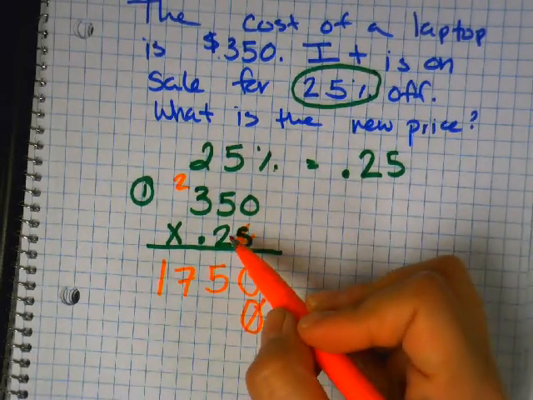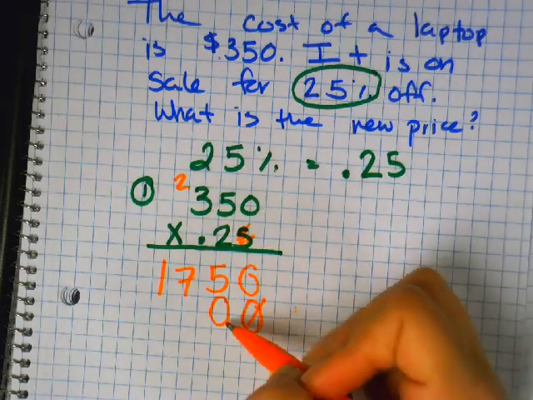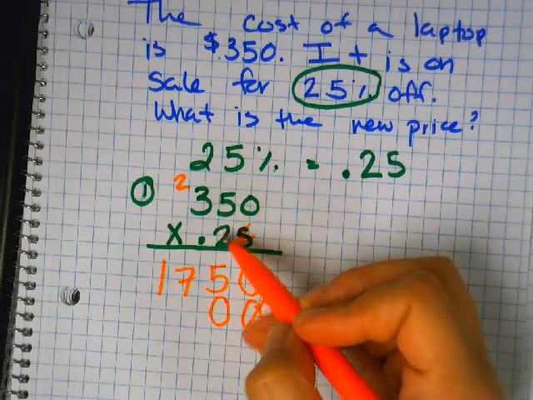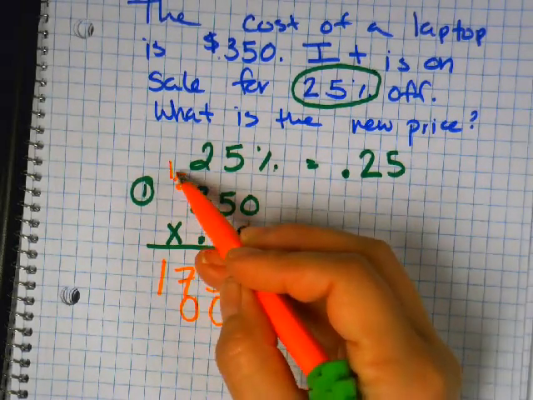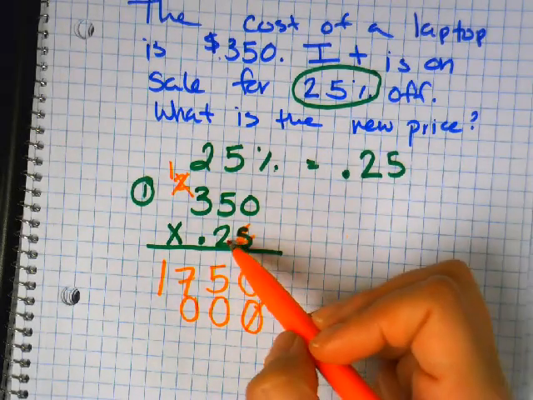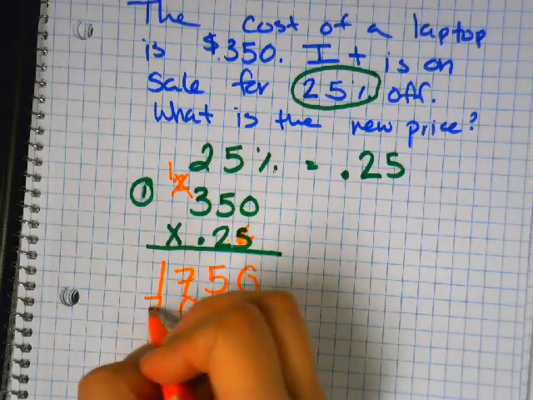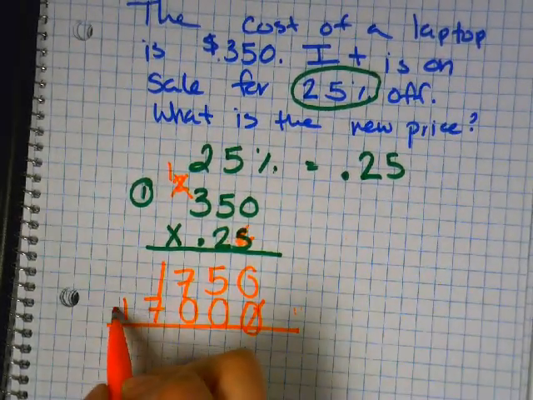So now we multiply everything by 2. 2 times 0 is 0. That's the one I got using math. This one's just a placeholder. 2 times 5, 10. Carry the 1. Don't confuse it with the 2. 2 times 3, 6 plus 1, 7. And don't forget your decimal. 8,007. And we're going to add.